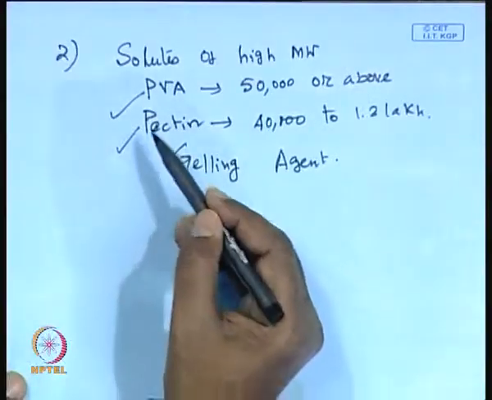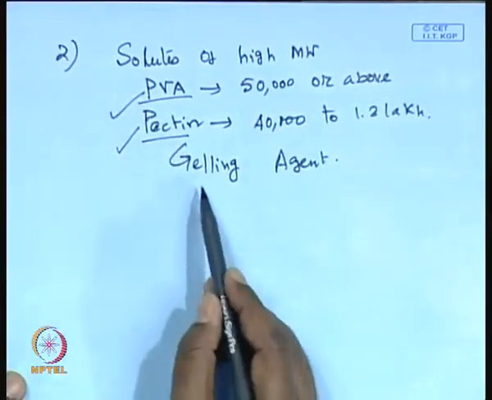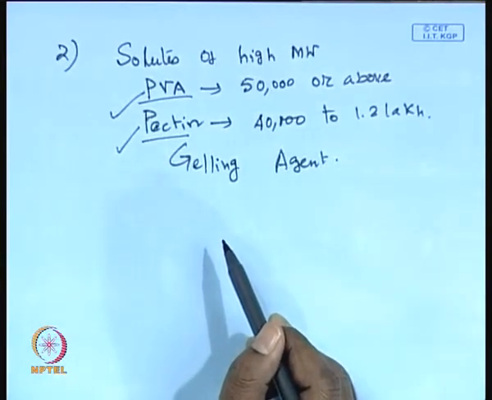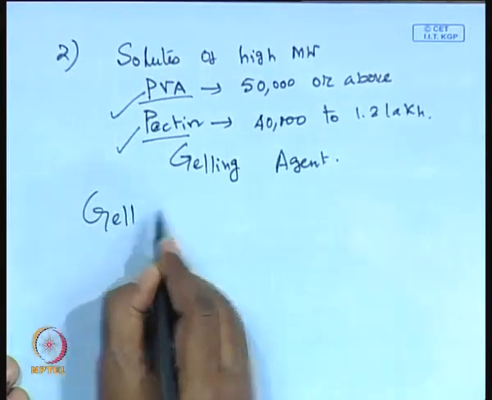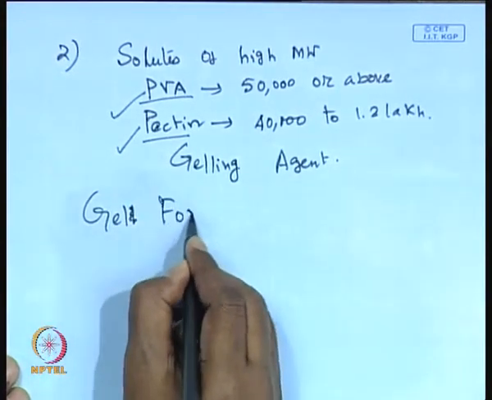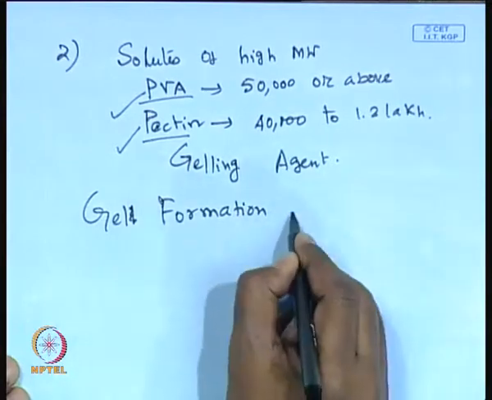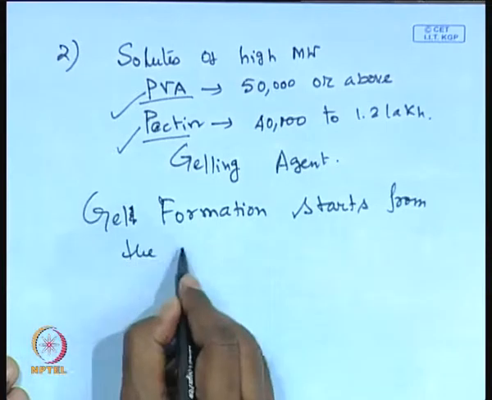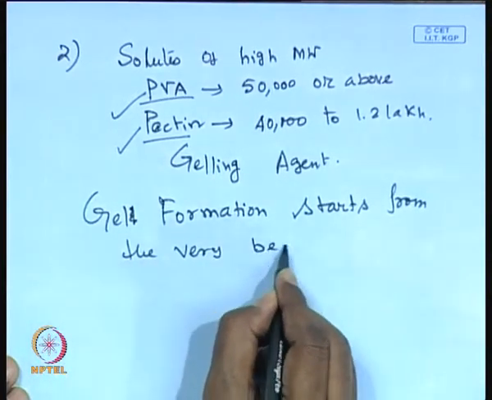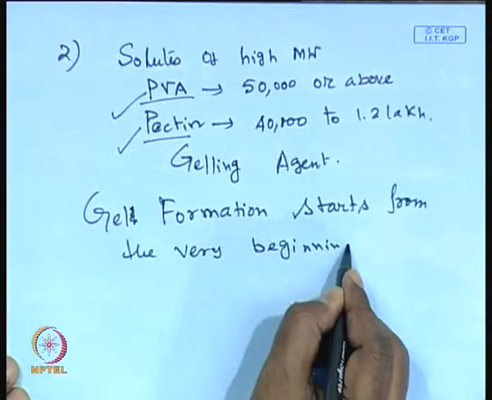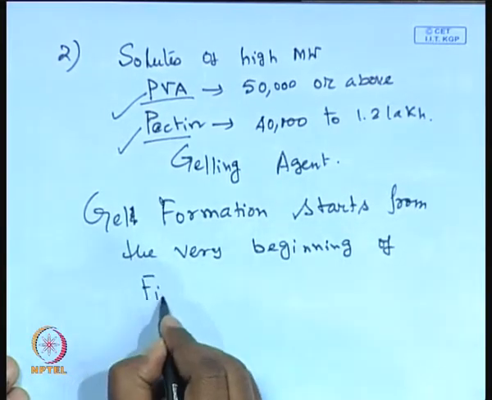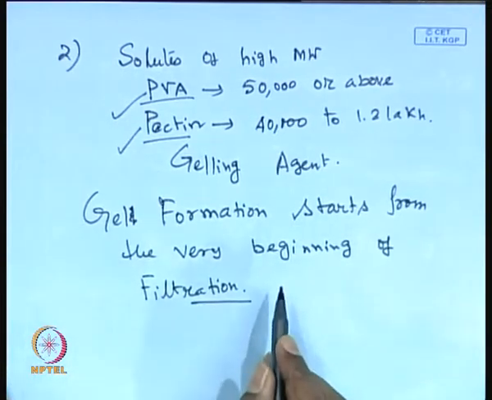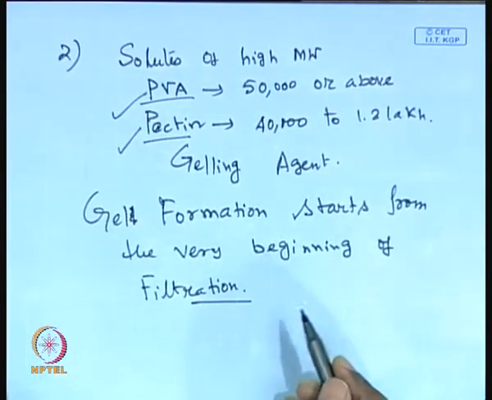So, if you are talking about solutes like polyvinyl alcohol or pectin, which are well known gelling agents, gel formation starts from the very beginning of filtration. So, there is nothing like osmotic pressure control and then the regime changes over to gel layer.